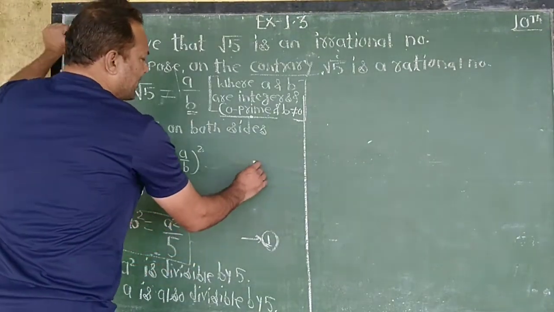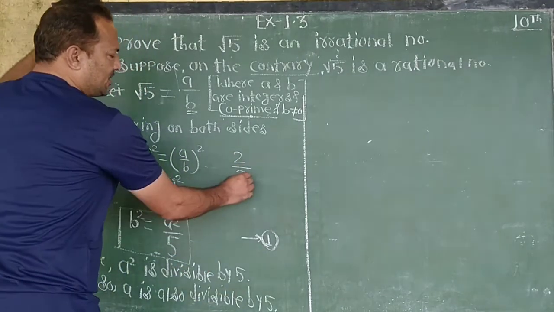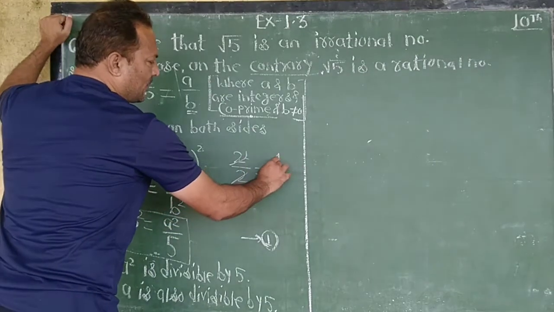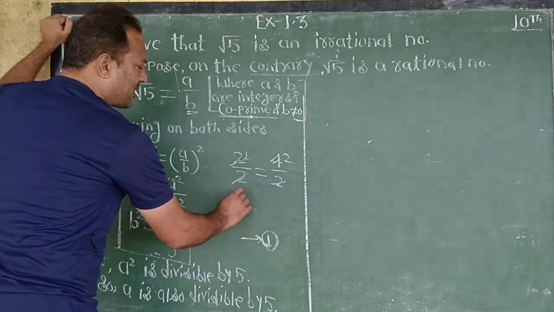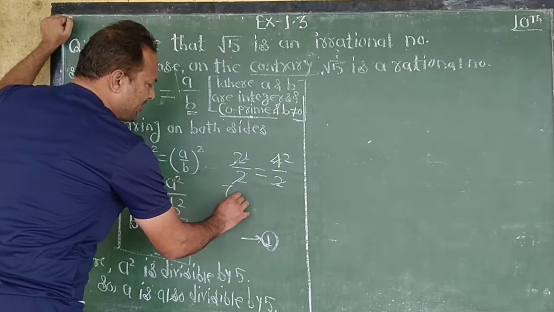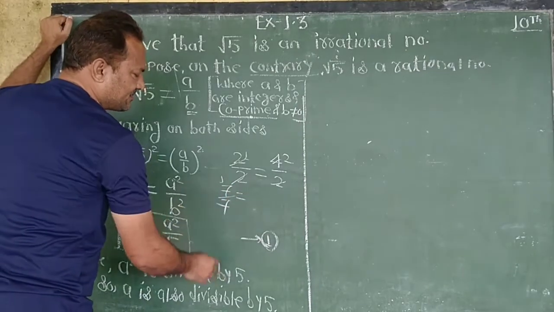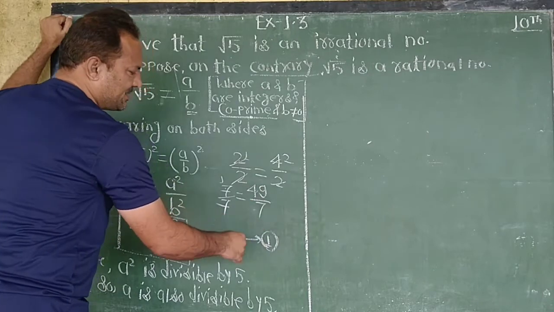For example, if we take 2, square of 2 means 4, divided by 2, 2 twos are 4. Any number, consider 7: square of 7 is 49, which is also divisible by 7.